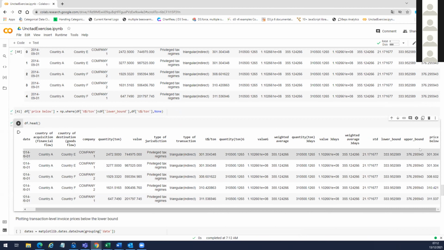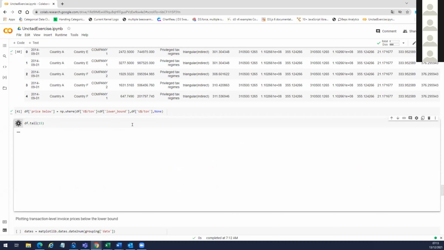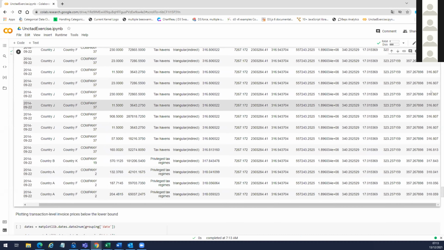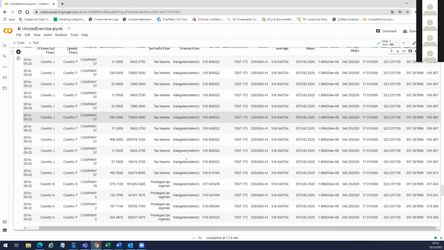And then we have a new column here, price below, and some of the operations lie below the lower bound. These first 5 operations lie below the lower bound. If I call the last operations, let me see. Two. The last 2 operations lie below the lower bound.